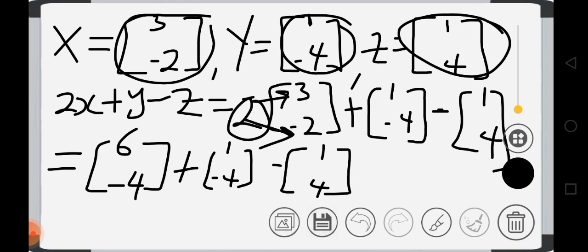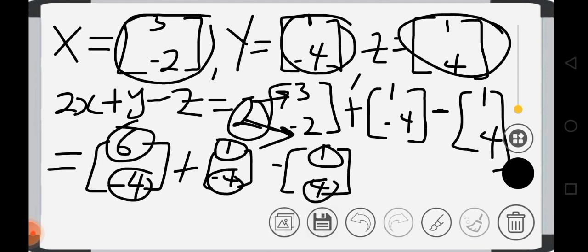So the next thing, we add these and work them out. Now 6 plus 1, that is 7, minus 1, that is 6.